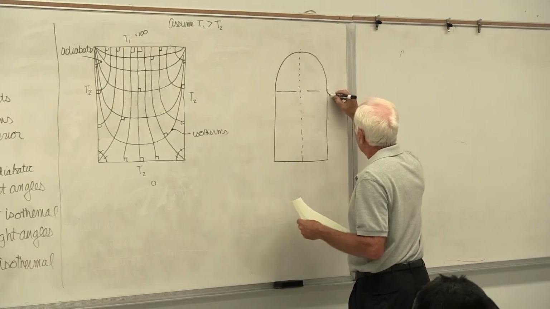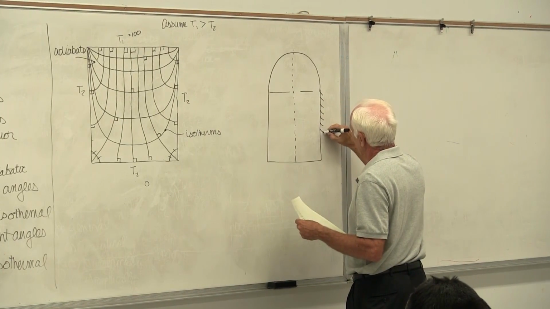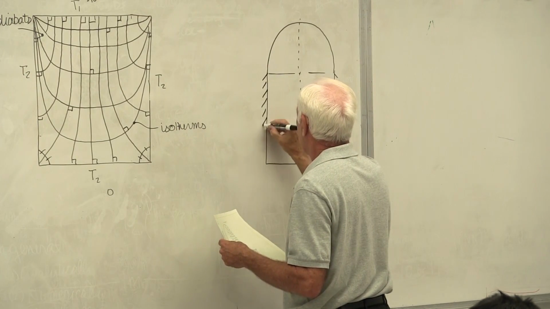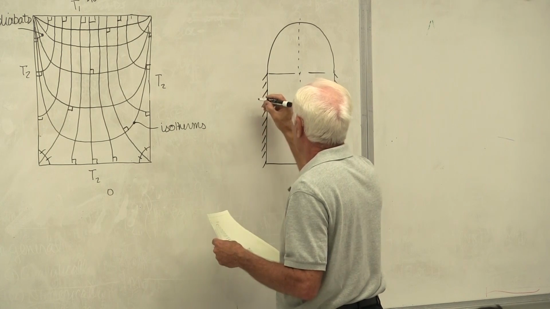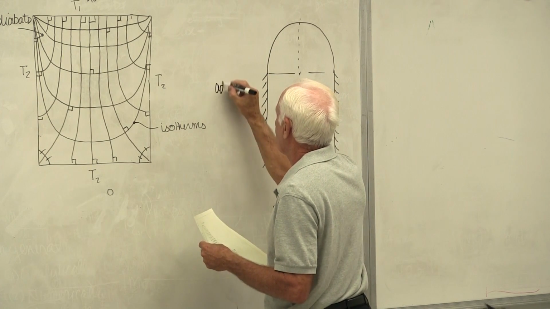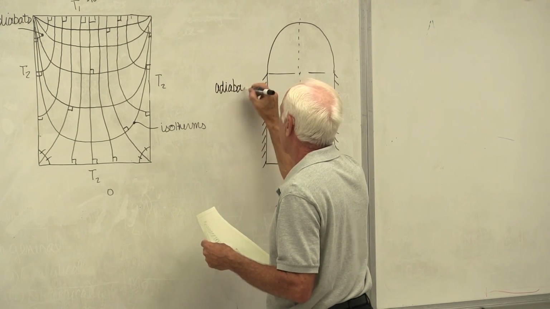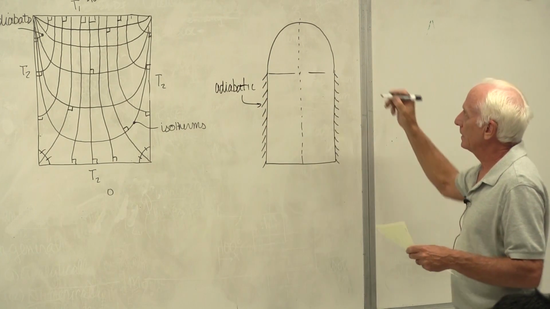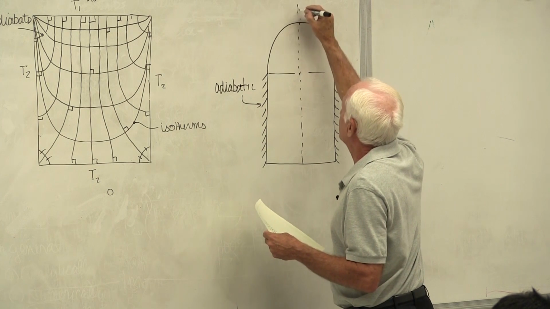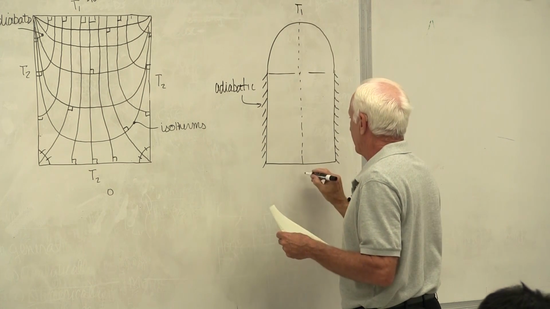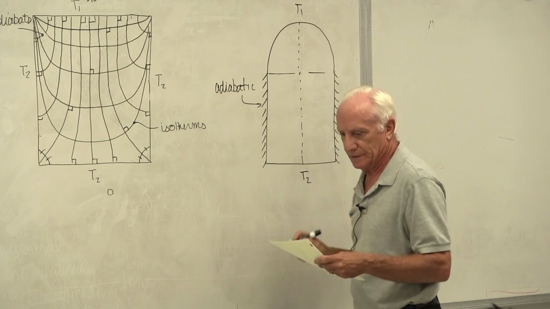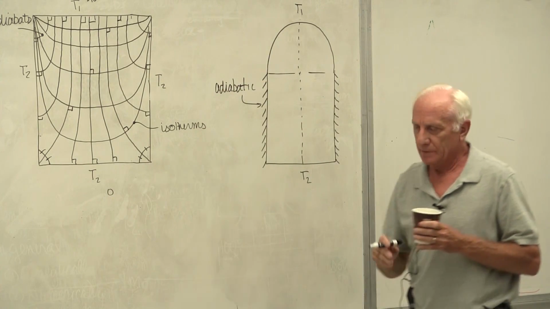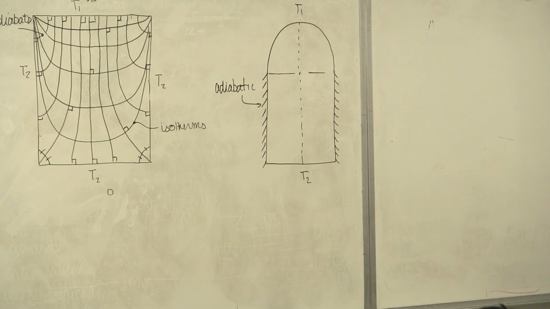The left and right hand sides are perfectly insulated, both sides. The top is T1. The bottom is kept at constant temperature, T2. Construct the heat flux plot.